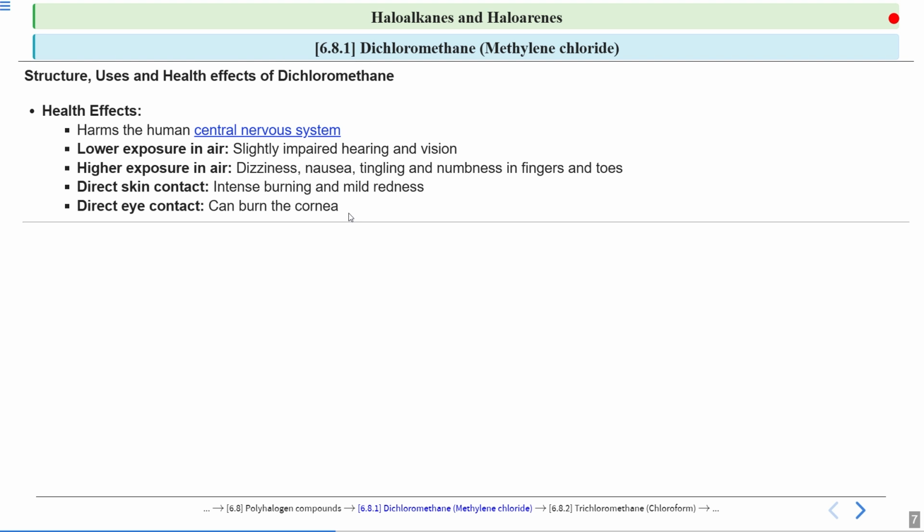So vision will be permanently impaired, or you can say destroyed. So dichloromethane, a polyhalogen compound, has a lot of bad health effects. It can make you blind. It can burn your cornea if it comes directly in contact with your eyes.